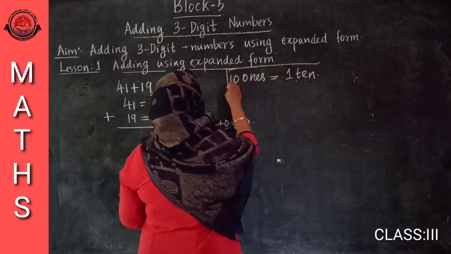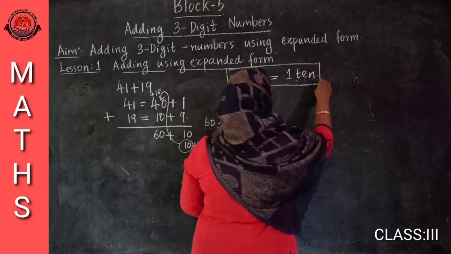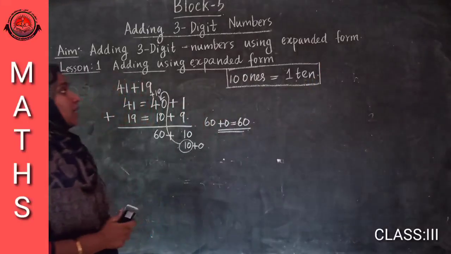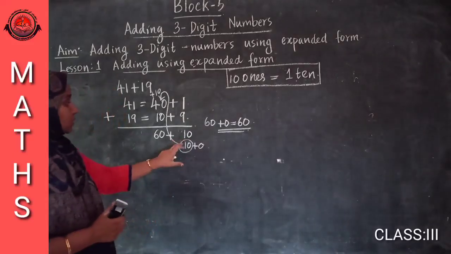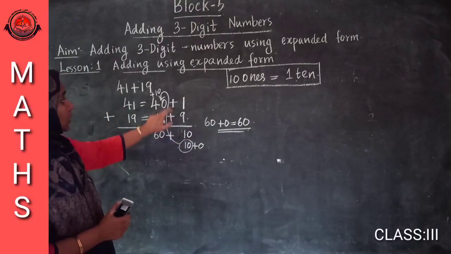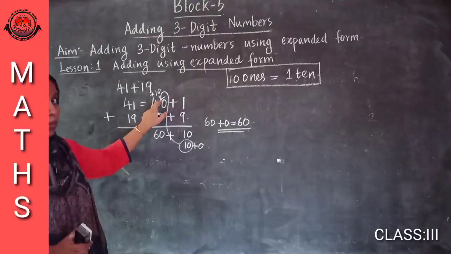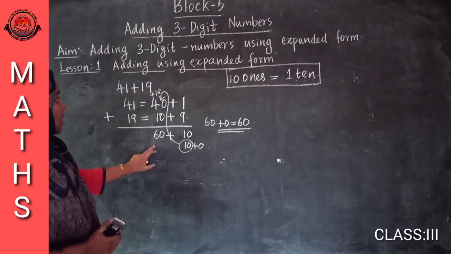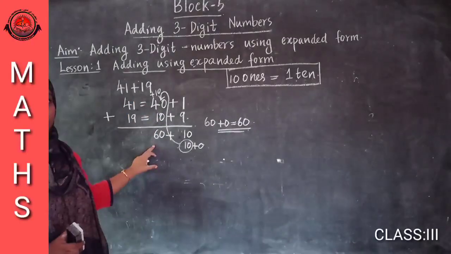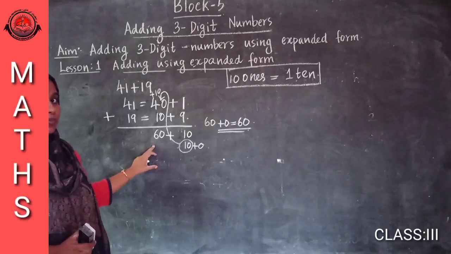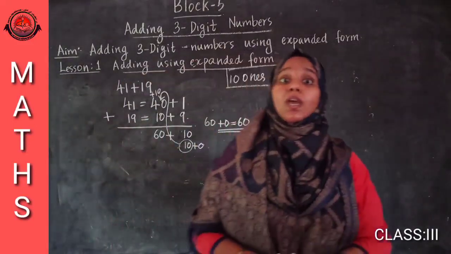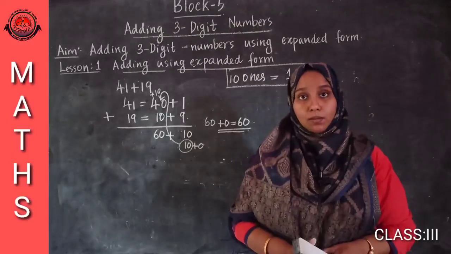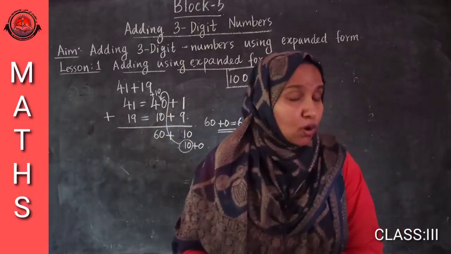You write this in a box in your notebook: 10 ones are equal to 1 ten. 10 ones is this, and this 10 I regrouped into the tens place as 1 ten, and I got the answer as 60. Right? Okay, so let us consider how to do the addition of 3-digit numbers using expanded form.